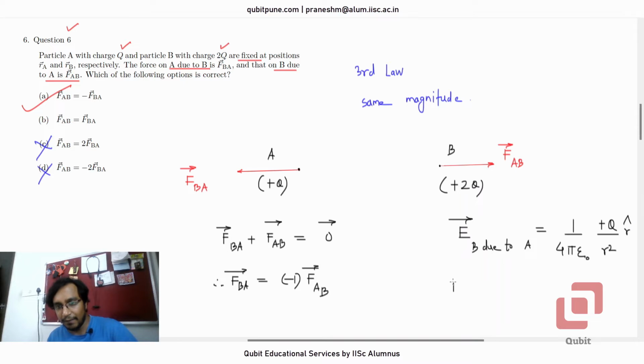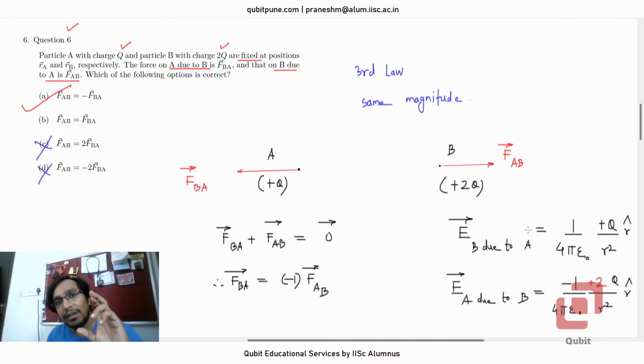And if I ask you to determine the electric field at A due to B, it will be negative 1 upon 4 pi epsilon naught plus 2Q by R squared R cap.